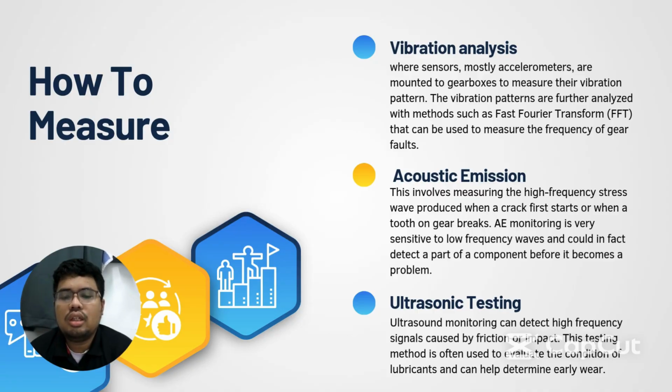Ultrasound monitoring can detect high-frequency signals caused by friction or impact. This testing method is often used to evaluate the condition of lubricant and can help determine early wear. Ultrasonic testing is a very common non-destructive testing that is widely used in many industries.